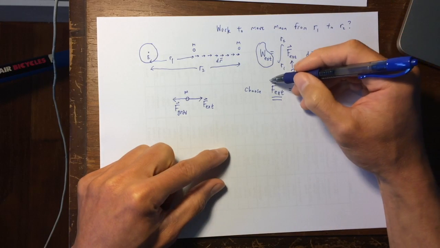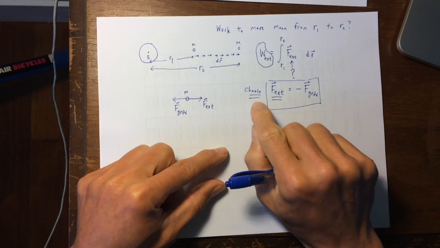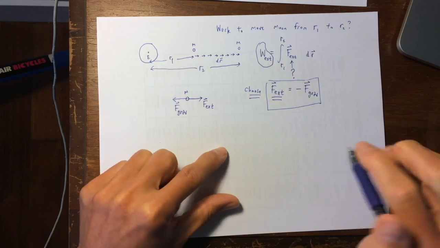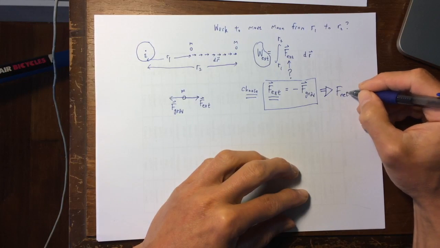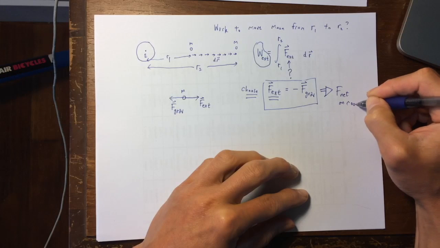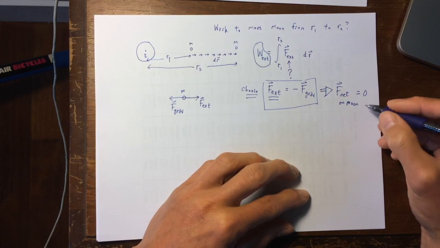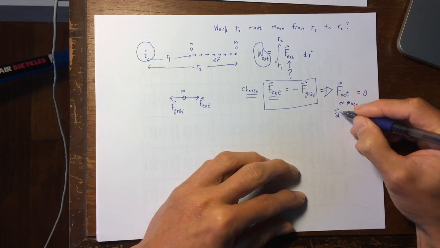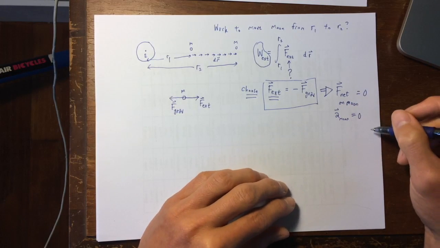And if I choose this, as the big being, I'm free to choose this. What this implies is that the net force on the moon equals 0. That's what it implies. And that means that the acceleration of the moon is equal to 0, by Newton's second law.